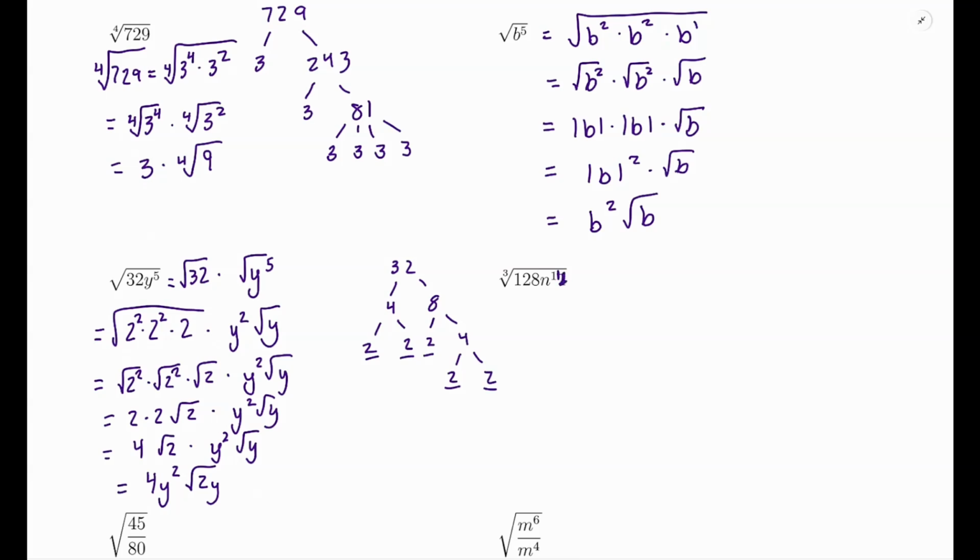The next one is the cubed root of 128 n to the 11th power. That should be 11th power. Okay. So again, I'm not going to write it out, but we are going to treat them separately. So 128 is 2 and 64, which is 8 and 8, which is 3 twos.